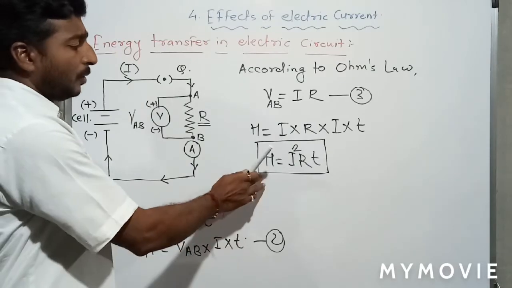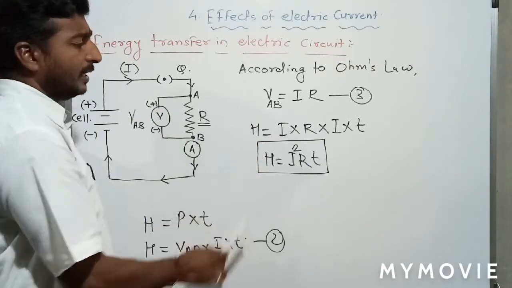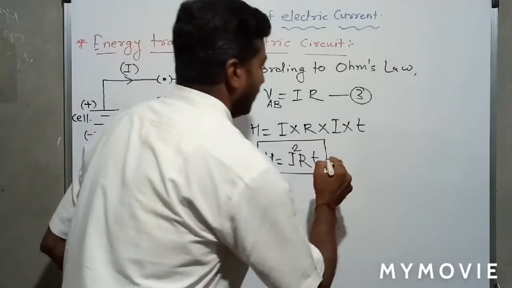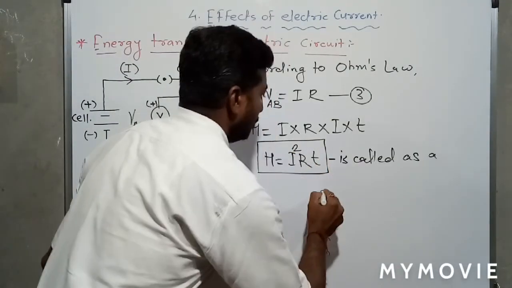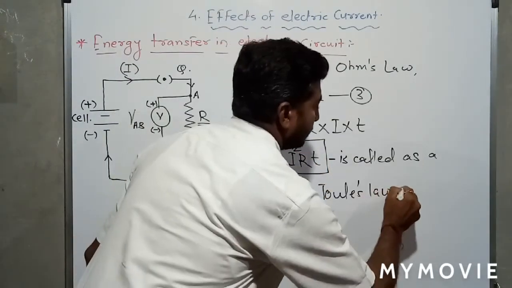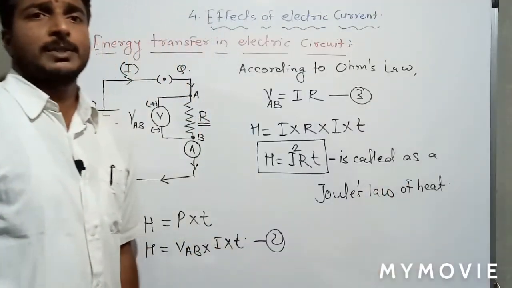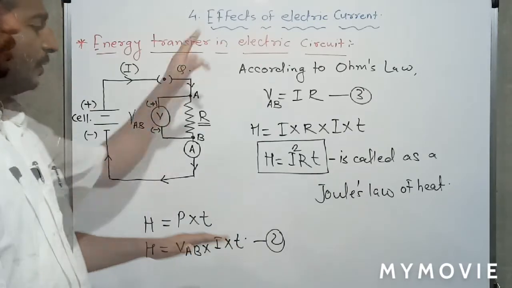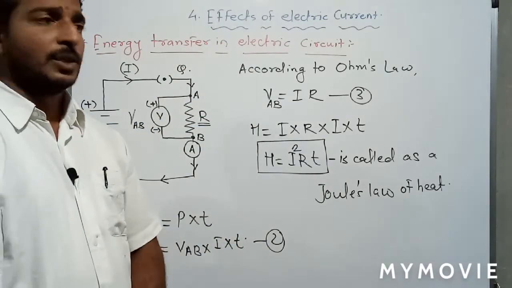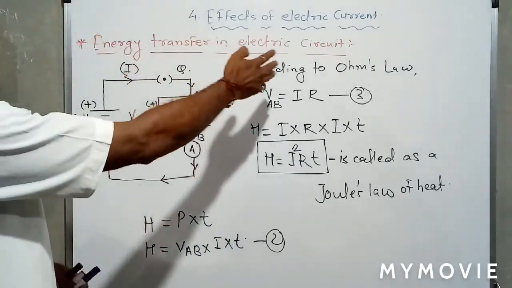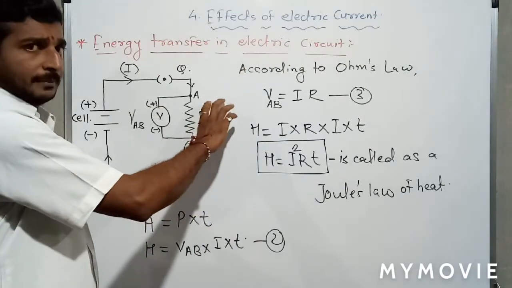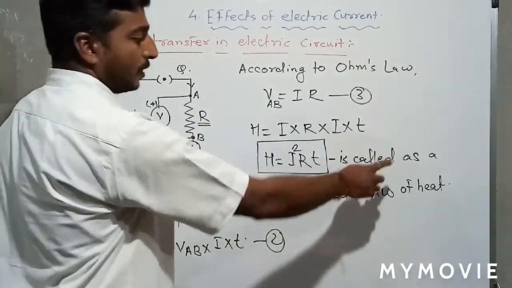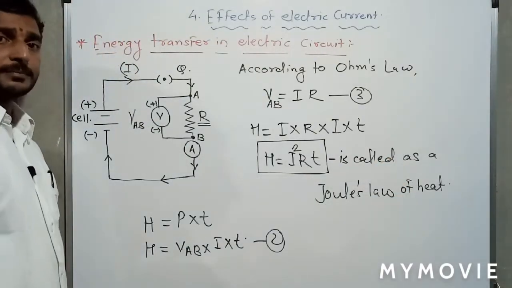What amount of heat is generated, we calculate by using this formula, and this formula is called Joule's law of heating. If asked in the exam, state the equation for Joule's law of heating, you have to do all the steps that we have done here. So when there is energy transfer in an electric circuit, heat is generated, and the amount of heat generated is given by this formula, and this formula is called Joule's law of heating.